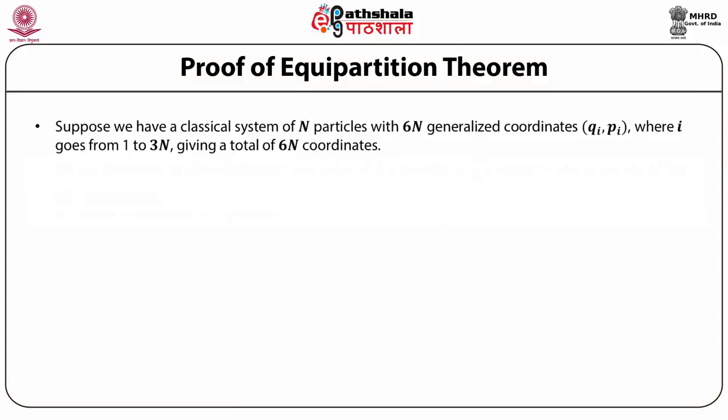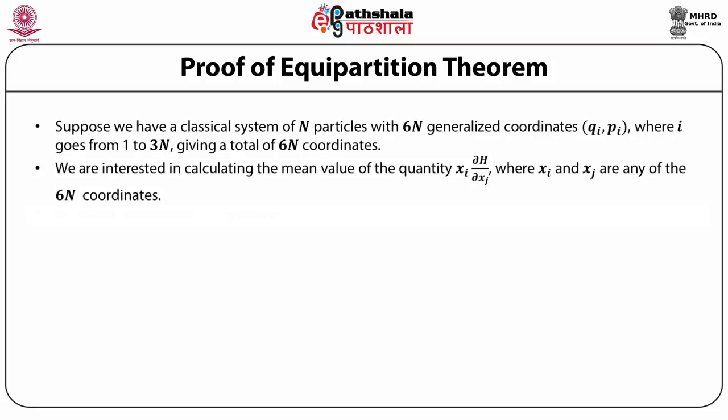Suppose we have a classical system of N particles with 6N generalized coordinates q_i, p_i, where i goes from 1 to 3N, giving a total of 6N coordinates. We are interested in calculating the mean value of the quantity x_i partial derivative of the Hamiltonian with respect to x_j, where x_i and x_j are any of the 6N coordinates.